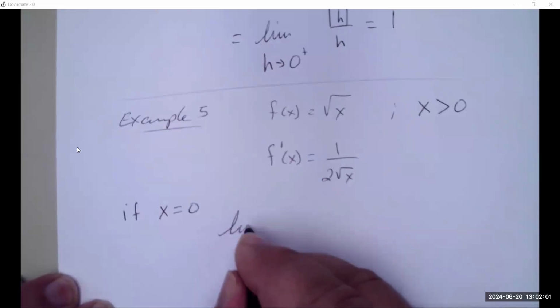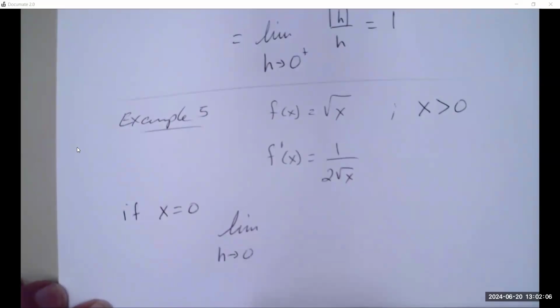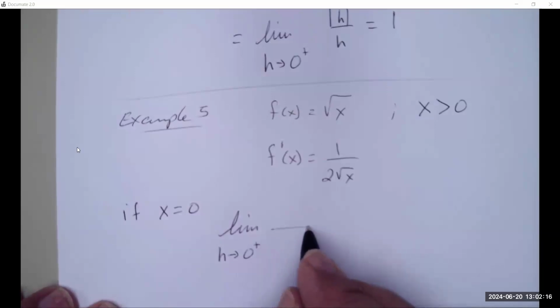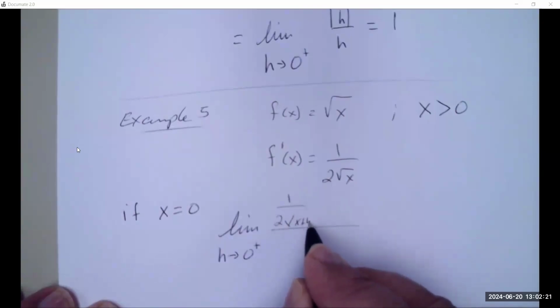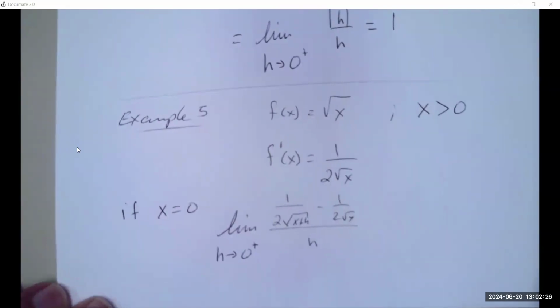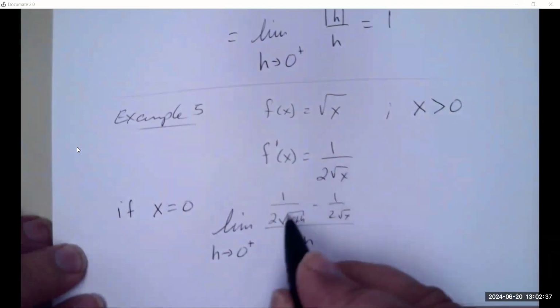Well, we've got to look at the limit as h approaches 0 from the where? Yeah. And what goes here in the function? 1 over 2 square root of x. Oh, I'm sorry. That's the derivative.